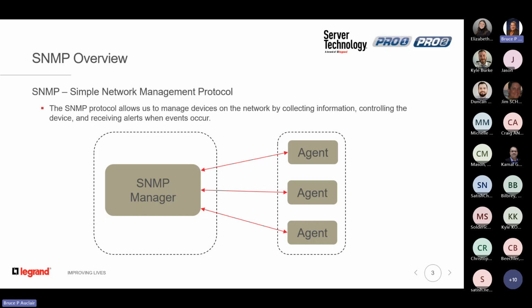They can poll the objects on those agents to gather data, and they can receive automated alerts, what are known as traps, from the agents when events occur. For example, with a circuit breaker tripping on a PDU, the PDU can automatically notify the SNMP manager that that event has occurred.